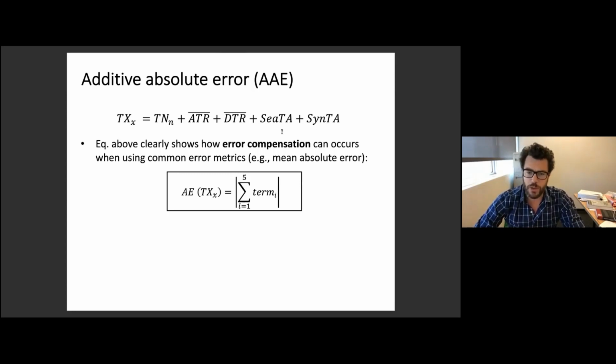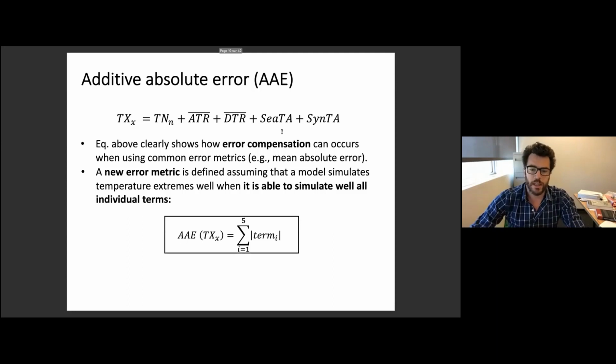So the idea is to define a new error, which I will call the additive absolute error. It's very simple: instead of calculating the absolute value of the bias, what we sum is the absolute values of the individual terms.